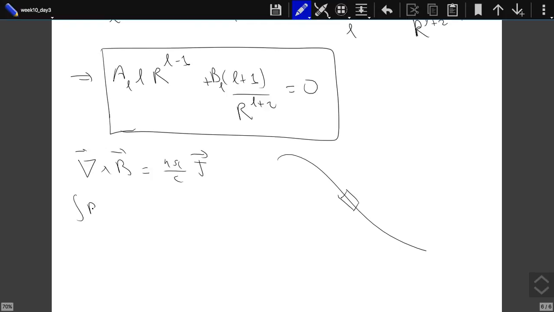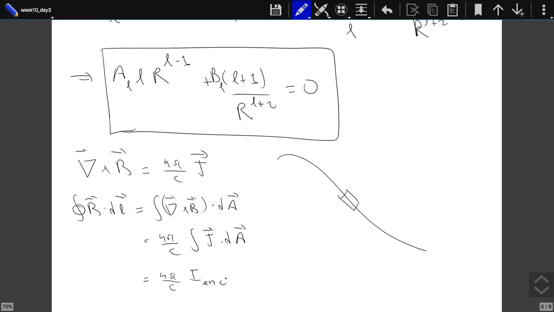Well, this equation basically tells me that if you take any loop, if you integrate B around that loop, this is nothing but the curl of B integrated over the area bounded by the loop, but this is 4 pi over C J dot dA, but J dot dA integrated over an area just gives me the total current passing through that area, or it is 4 pi over C times the current enclosed by the loop.